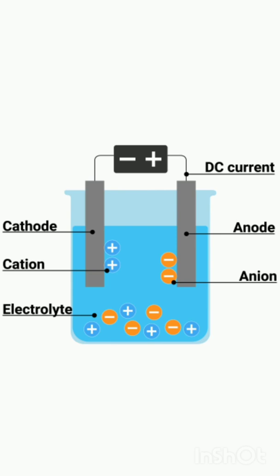Hydrogen ions, being positively charged, move towards the cathode, and oxygen ions, being negatively charged, move towards the anode. Positively charged ions are known as cations and negatively charged ions are known as anions. Hence, hydrogen is collected at the cathode and oxygen is collected at the anode. I hope you all understood the electrolysis of water.